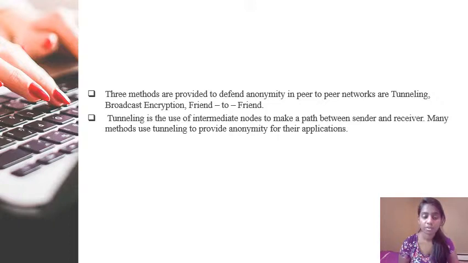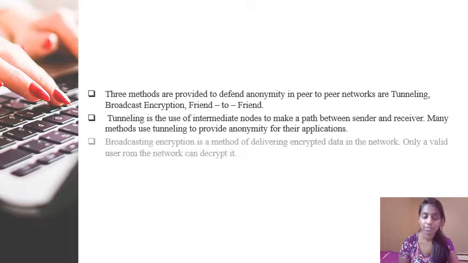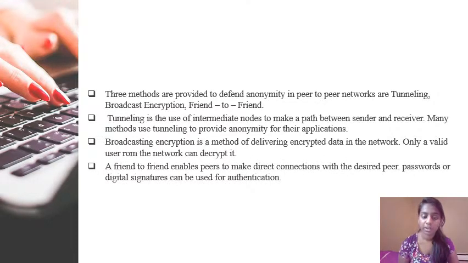Many methods use tunneling to provide anonymity for applications. Broadcast encryption is a method of delivering encrypted data in the network. Only a valid user in the network is able to decrypt it. Friend-to-friend enables a peer to make direct connections with the desired peer. Passwords or digital signatures can be used for authentication.